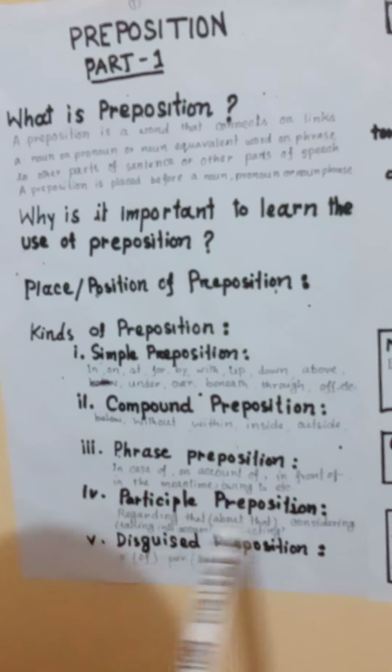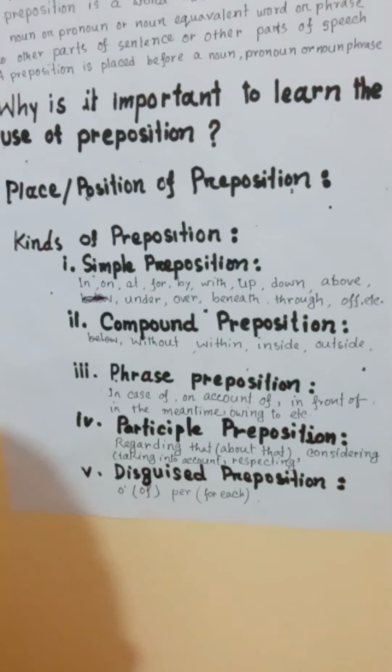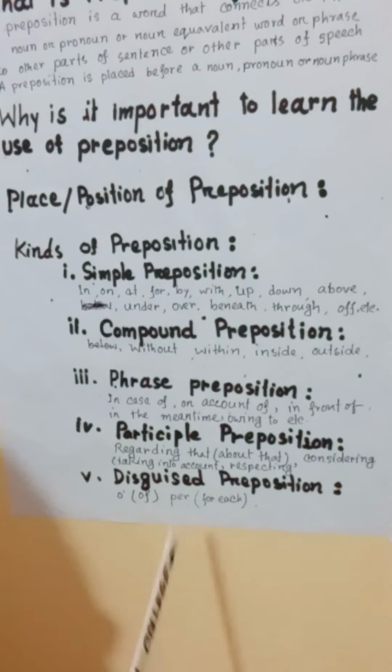Number 5, disguised prepositions. Disguised. In Bengali it is called ছদ্মবেশী. দেখতে একরকম মনে হয়, but inner meaningটা অন্যরকম. Suppose we say it is 10 o'clock. O apostrophe clock. Actually the word should be off. Again, per.